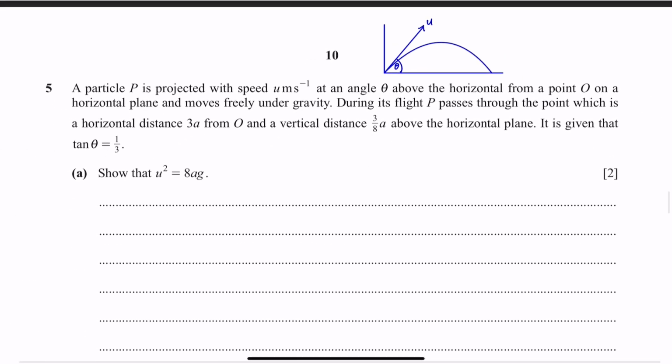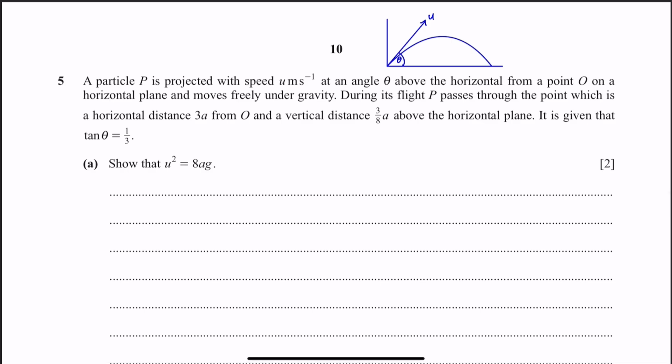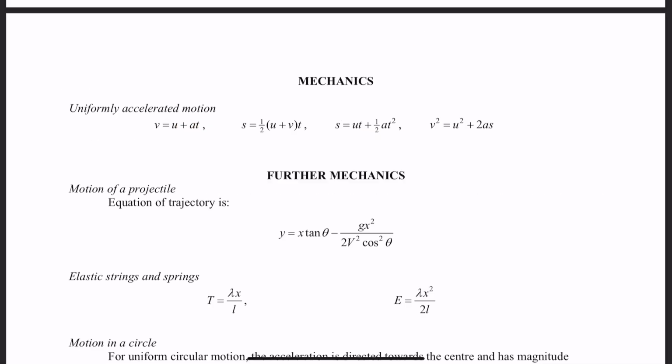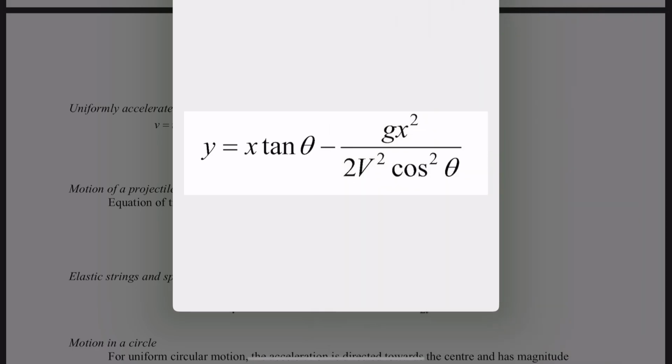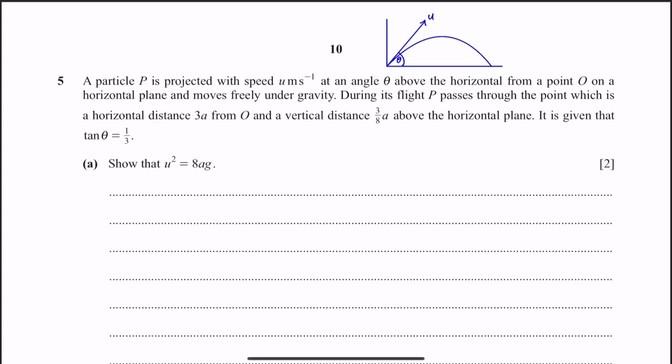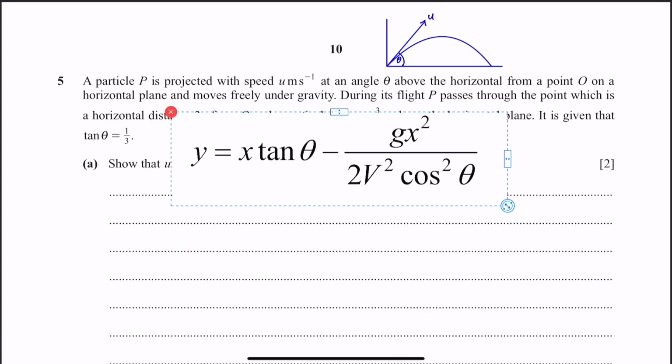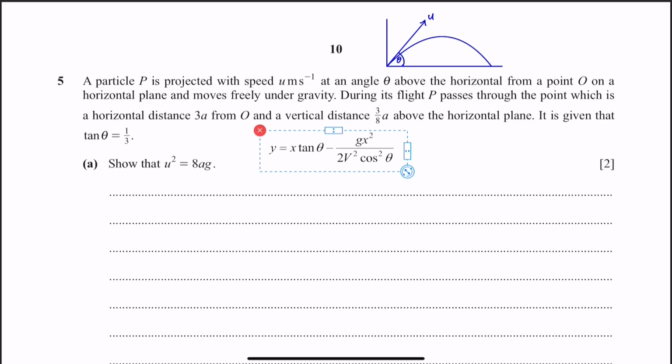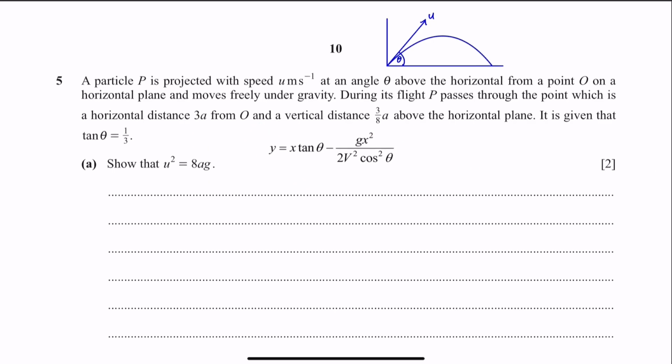So since they've already given us a point, which is 3a and 3 over 8a, we can use this formula to find u squared. So y in this case would be the vertical distance and x would be the horizontal distance.